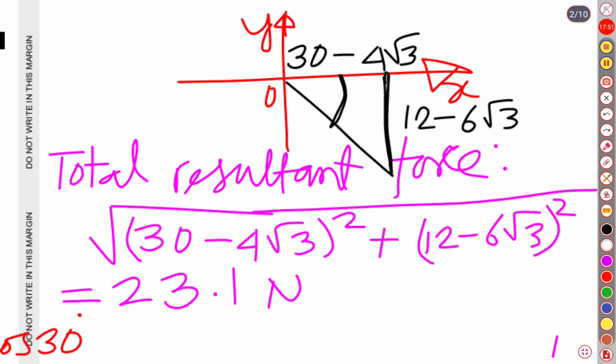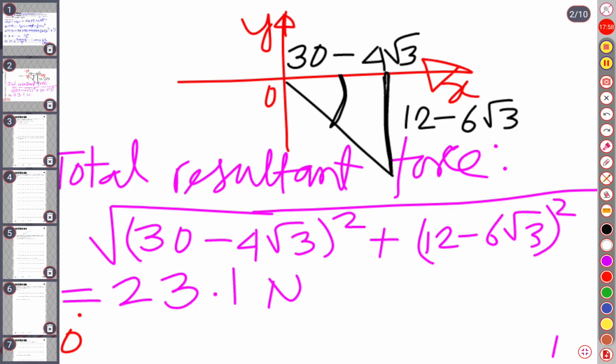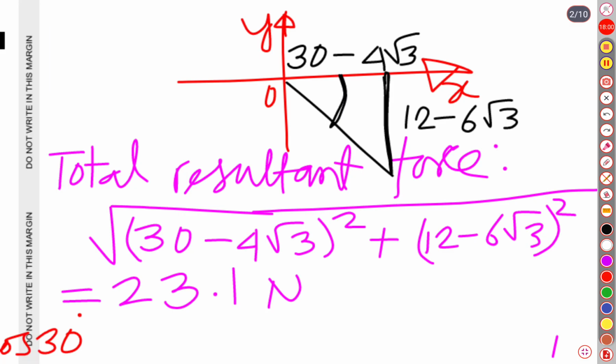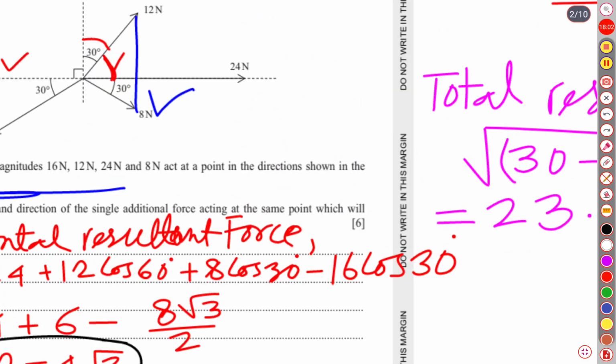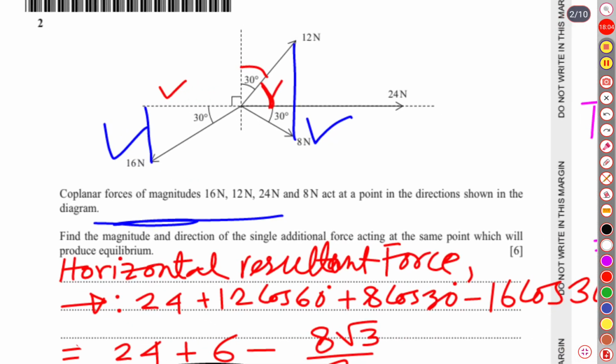Okay, then if we extend the triangle, look at this, our question actually asked us to find the magnitude and direction of the single additional force acting at the same point, which will produce equilibrium.